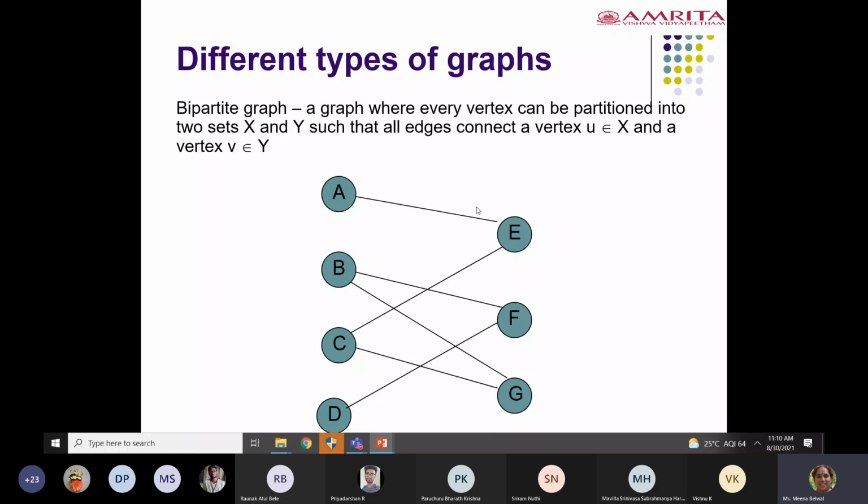And there has to be an edge. So whenever you have an edge, the edge should be such that one vertex of that edge belongs to one set, and the other vertex of that edge belongs to the other set. What do I mean by saying that? The meaning is a teacher will not be connected with itself. Or a classroom will not be connected with itself, because you want to assign a teacher to a classroom, right? So classrooms themselves are not connected and teachers themselves are not connected. So whenever there is a connection, it is between a teacher and a classroom.